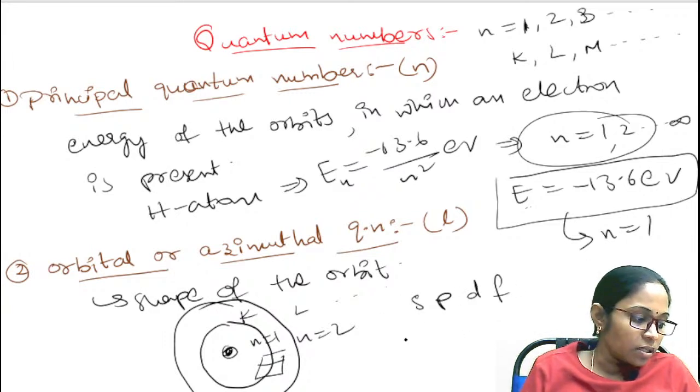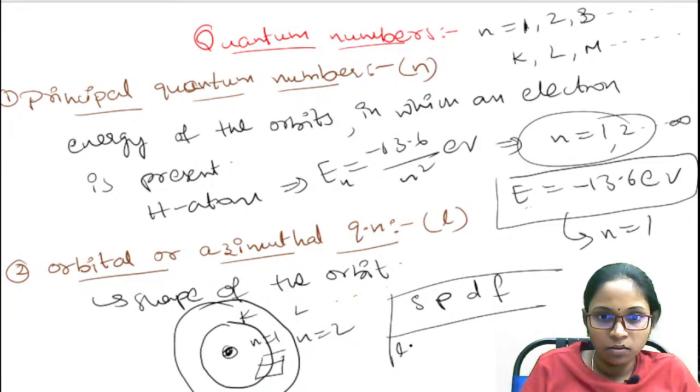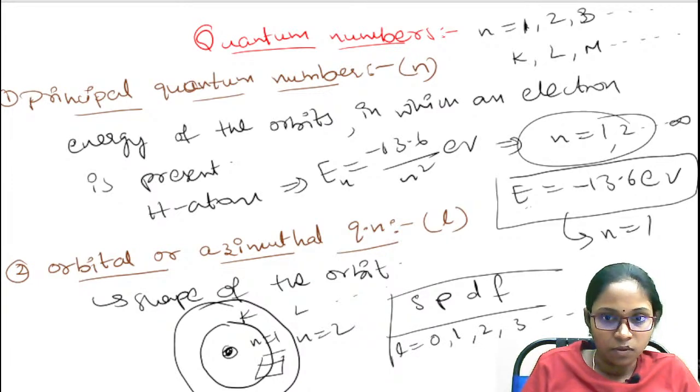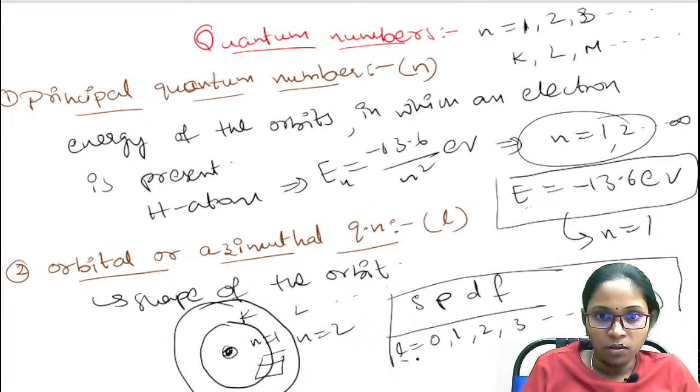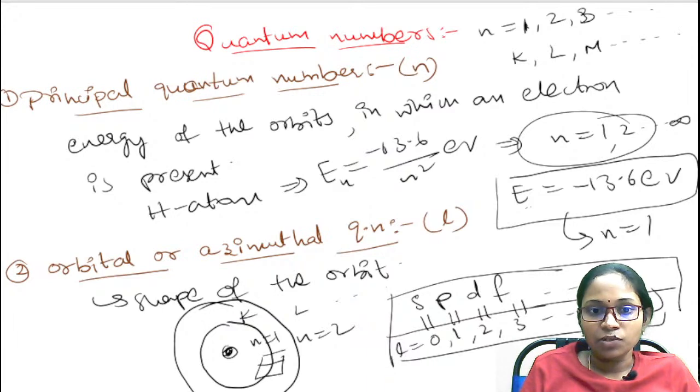And this L can take values from 0, 1, 2, 3 and so on up to n minus 1. So for L equals 0 you will have S subshell, L equals 1 P, L equals 2 D subshell, L equals 3 F subshell, up to n minus 1.